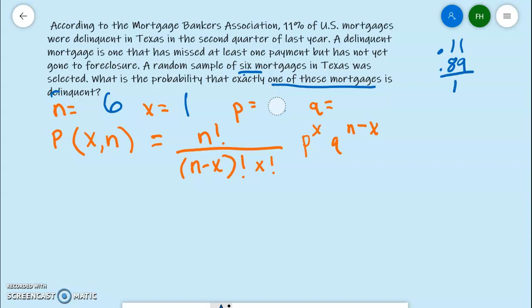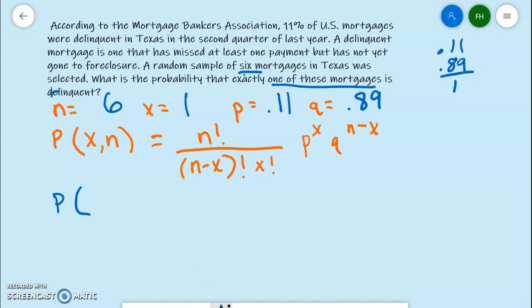So you could just subtract there. Now, if you can figure out that this is a binomial distribution, and you can figure out what N, X, P, and Q are, then you're set, because now all we have to do is plug in.